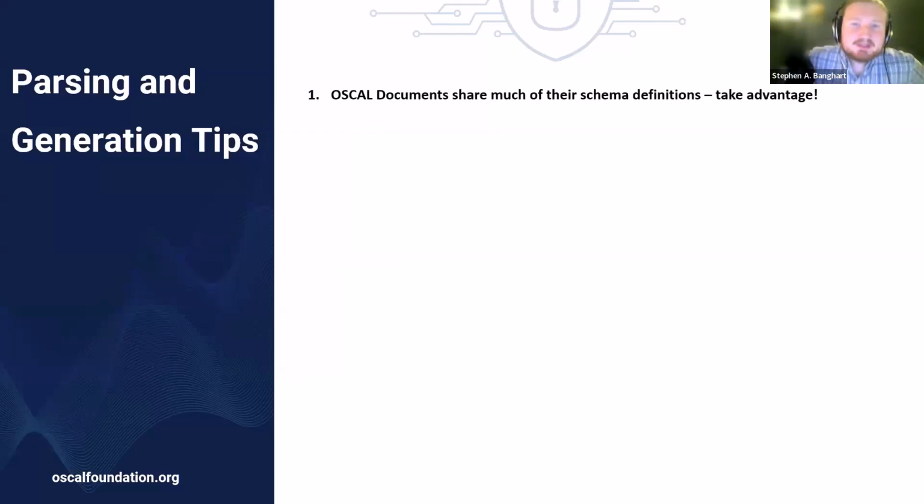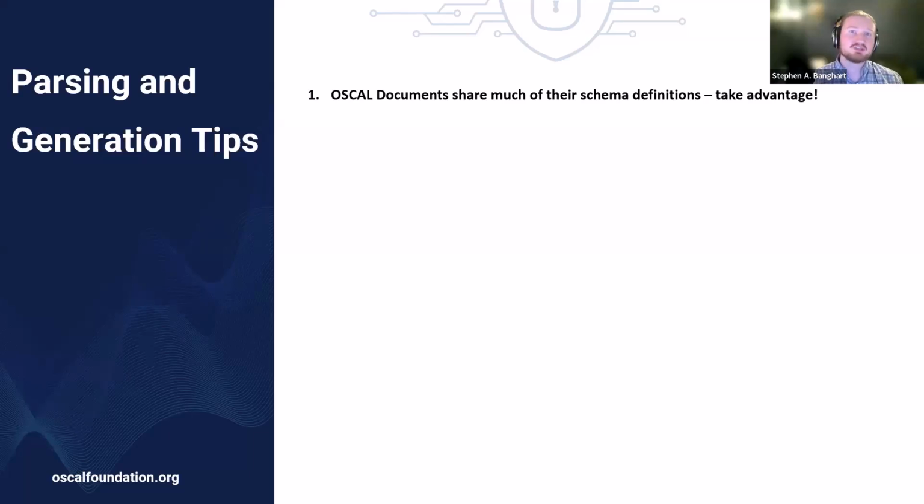So I want to spend a couple minutes talking about some tips for actually managing this implementation. At this point, if you are this person who has been tasked with implementing OSCAL, you now have your schema files. You now understand how to parse and understand those schema files.